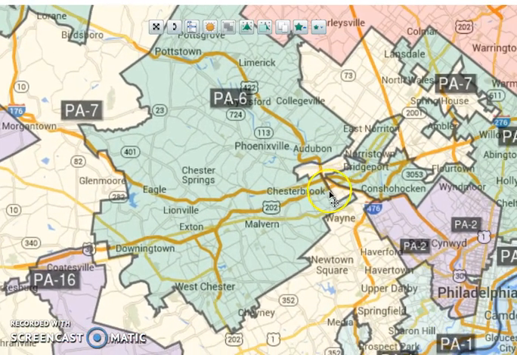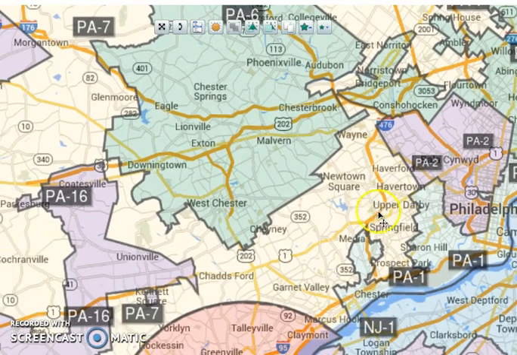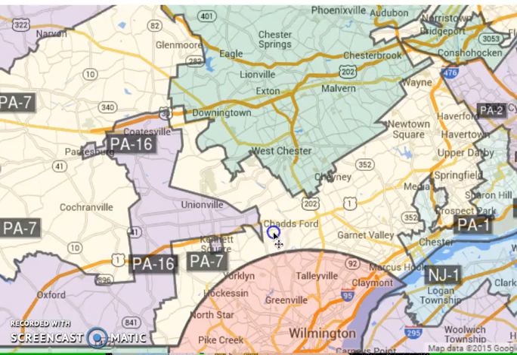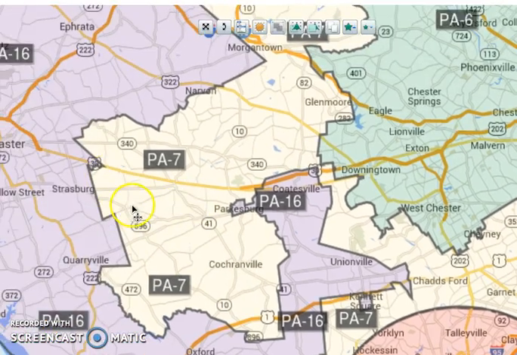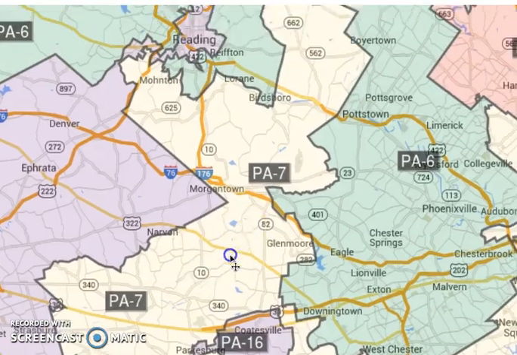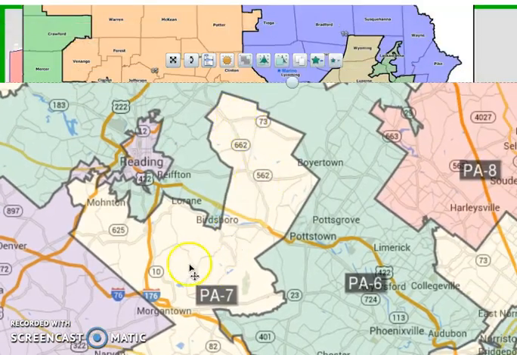Down through Wayne and Havertown and Upper Darby, all along Chadds Ford, Kennett Square, which it misses, by the way. Notice Kennett Square is drawn out. Goes not quite to Downingtown, around Coatesville and around Parksburg, Cochranville, and all the way out into Lancaster County, all the way almost to Quarryville. And then all the way back up here.